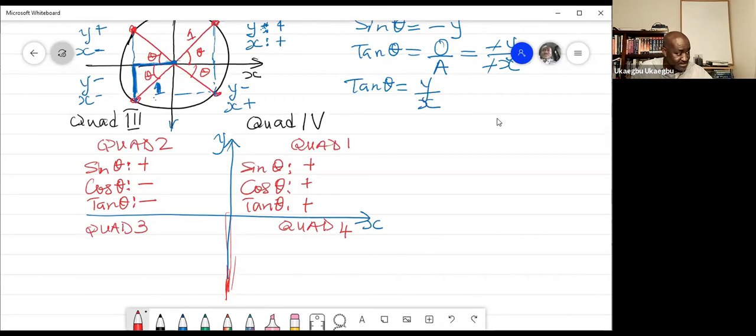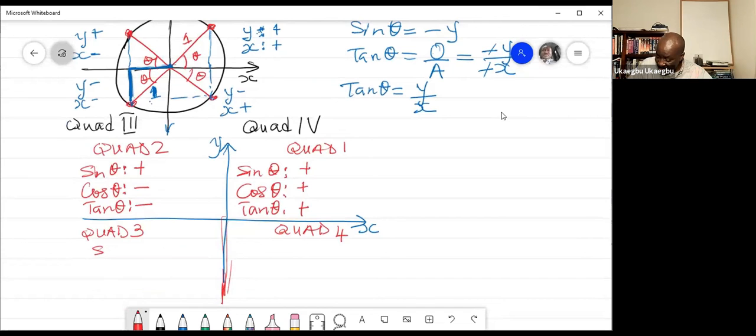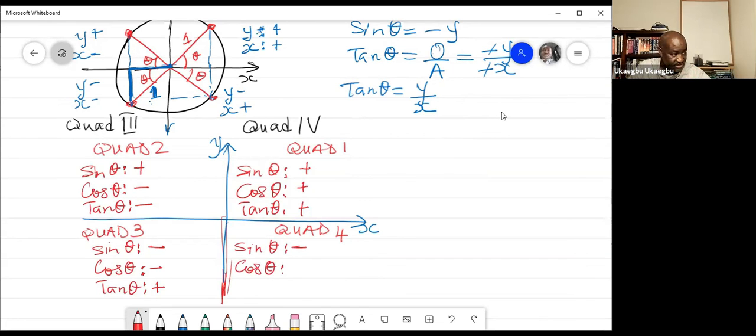Now in the third quadrant, from what we just did, we actually proved it here: sine theta is negative, cos theta is also negative, and tangent theta is a positive value. On the fourth quadrant, sine theta is negative, cos theta is positive, and tangent theta is negative.